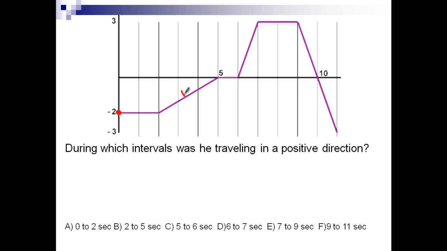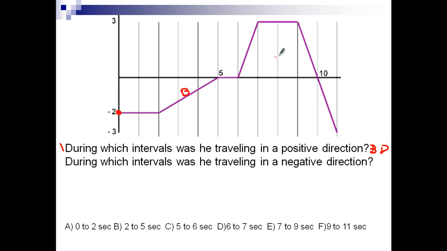So B goes here. So B for this answer, and that for the end. So B, you're traveling positively, and you're also traveling positively here. So which section is that? It's like 6 to 7? Yeah. So B and D, you're traveling in a positive direction.